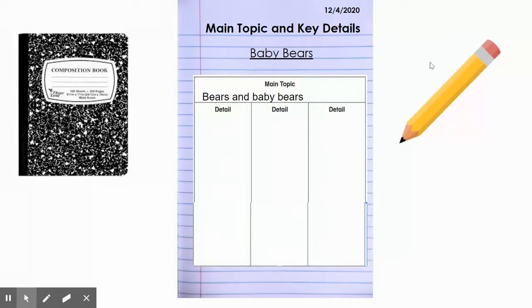So this is something we can fill in right away since we've already read the story through one time. So right now, under your section titled Main Topic, you can write in bears and baby bears. The entire book was all about bears and baby bears. Press pause and then play when you're ready to move on.